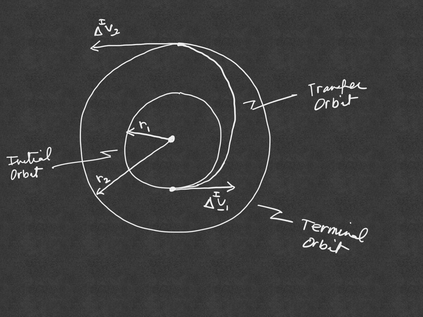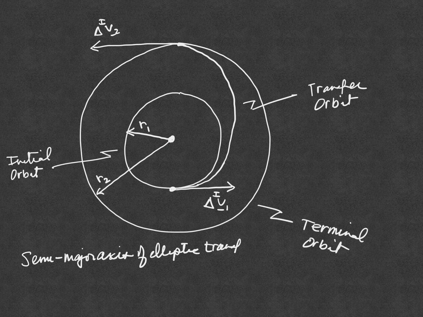We can see that given that the initial radius is r1 and the final radius is r2, and the elliptic transfer orbit has its periapsis at r1 and its apoapsis at r2, the semi-major axis of the elliptic transfer orbit is given as follows: a is equal to r1 plus r2, all divided by 2. Now once we have that, we can actually determine these four speeds.